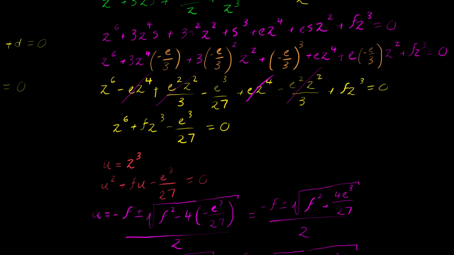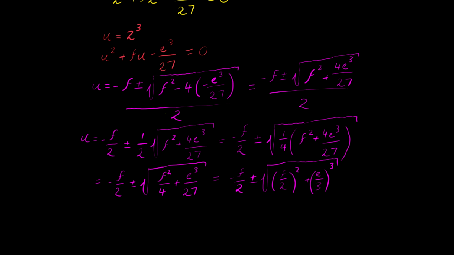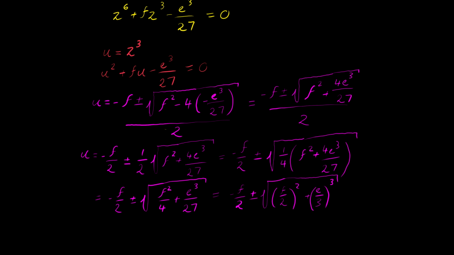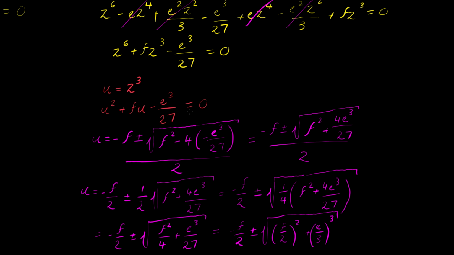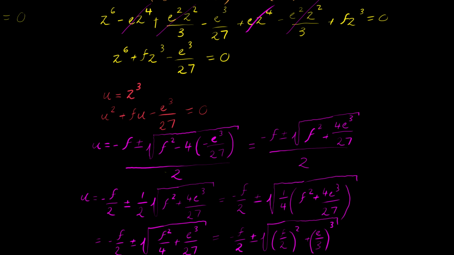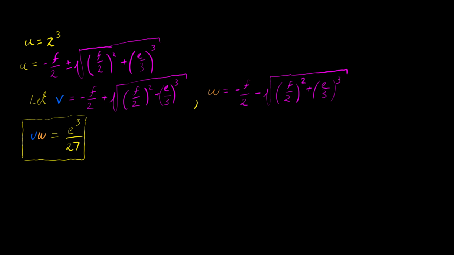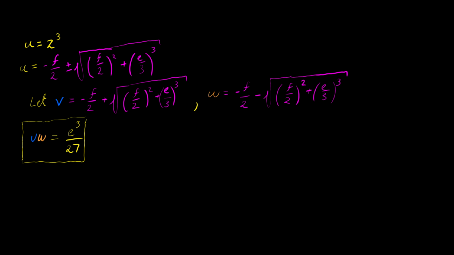We see that the constant term was negative e cubed over 27. So when we multiply the two roots together of any quadratic, we're just going to get the constant term. So it's actually going to be negative e cubed over 27.